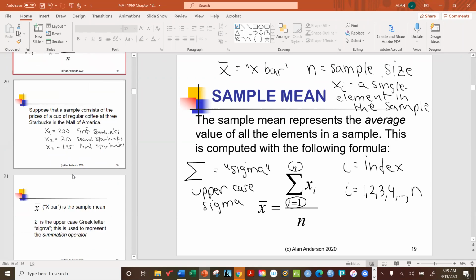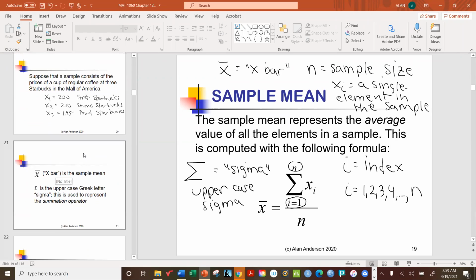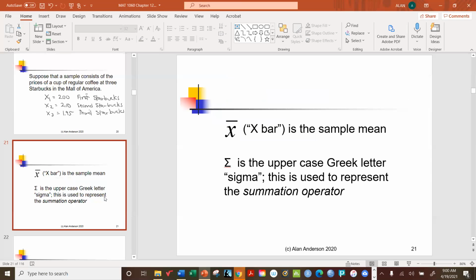It's called, okay, I'll give you a minute to catch up. It's called the summation operator because it is telling you to add up a bunch of numbers. In fact, that's why that letter was chosen, because this corresponds to S in the Roman alphabet.